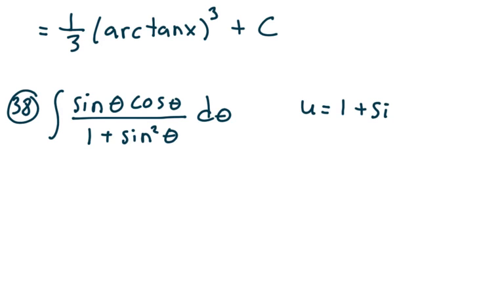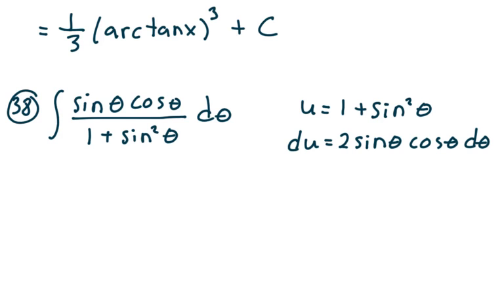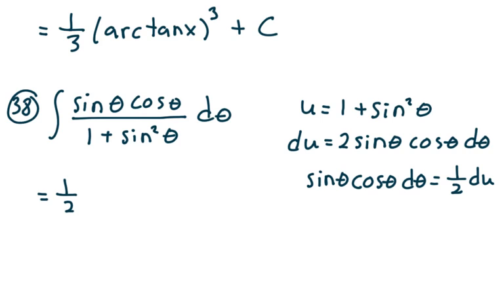So I'm going to let u be 1 plus sine squared theta. du is 2 sine theta cosine theta d theta. So that's just the chain rule. Now, sine theta cosine theta d theta is 1/2 du. That allows me to put everything back in.